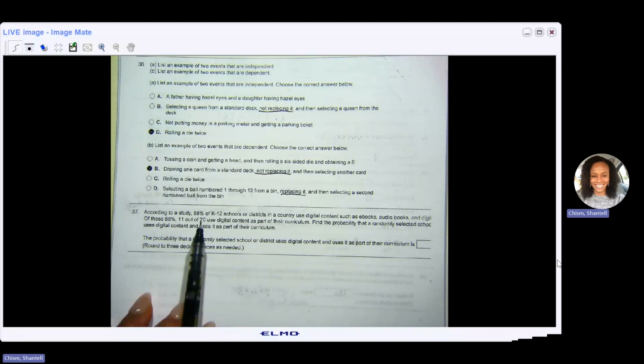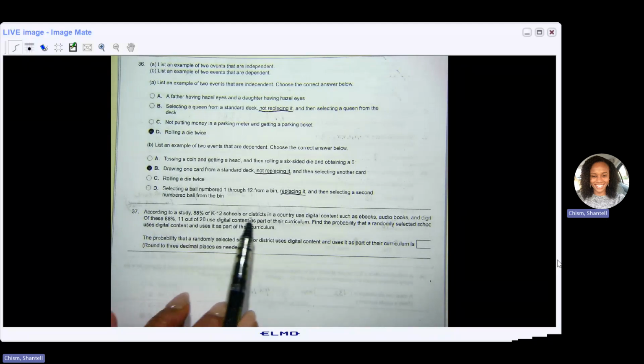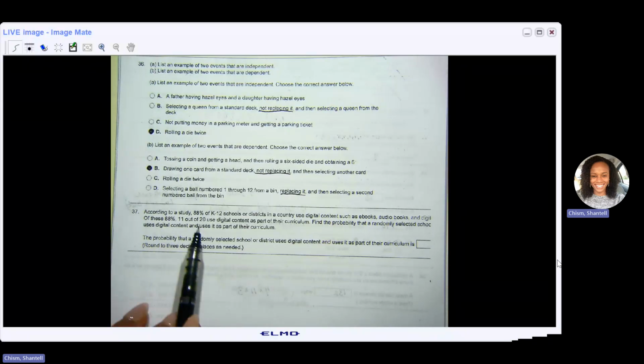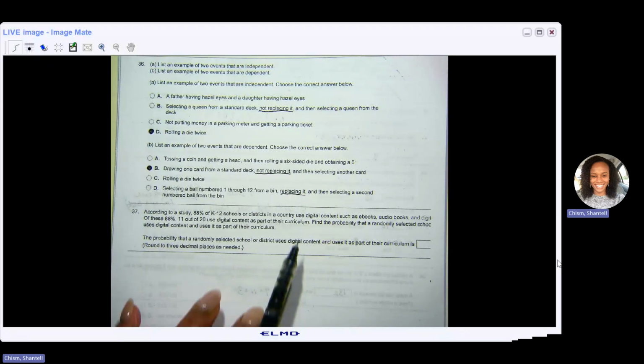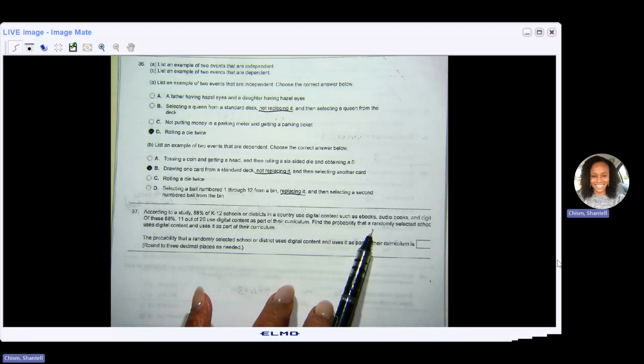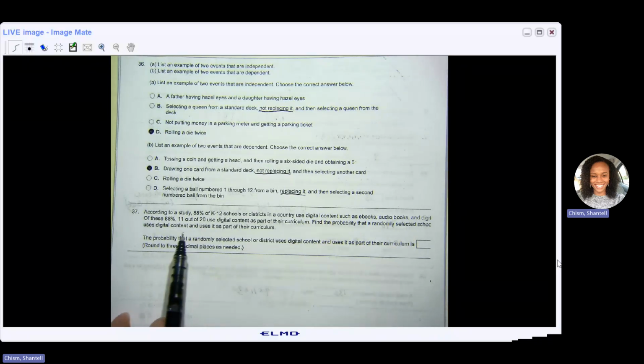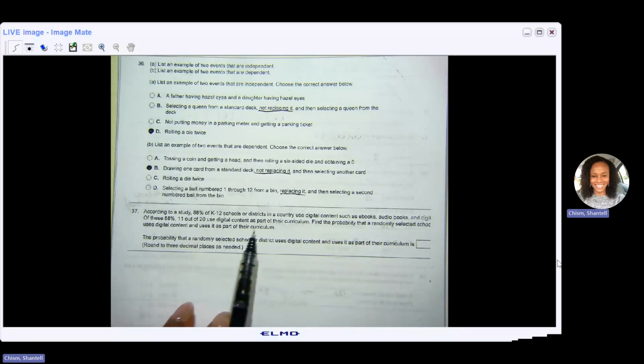So first off, 88% of all the schools use digital content. And of the schools that use it, 11 out of 20 use it specifically for curriculum. We want to find the probability that a randomly selected school uses digital content and uses it as part of their curriculum.